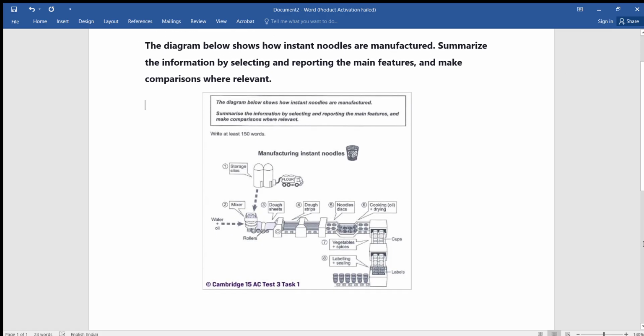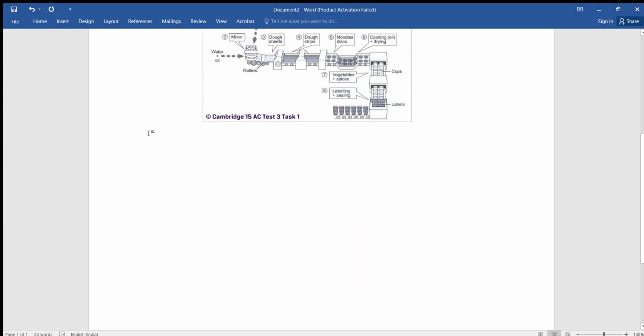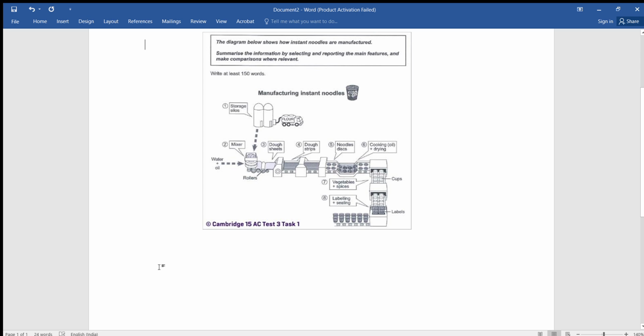Let's paraphrase it. So you can say the diagram illustrates the process by which instant noodles are produced.